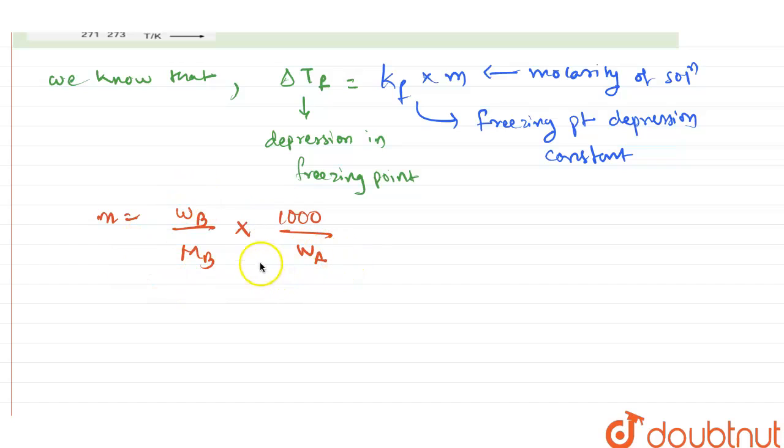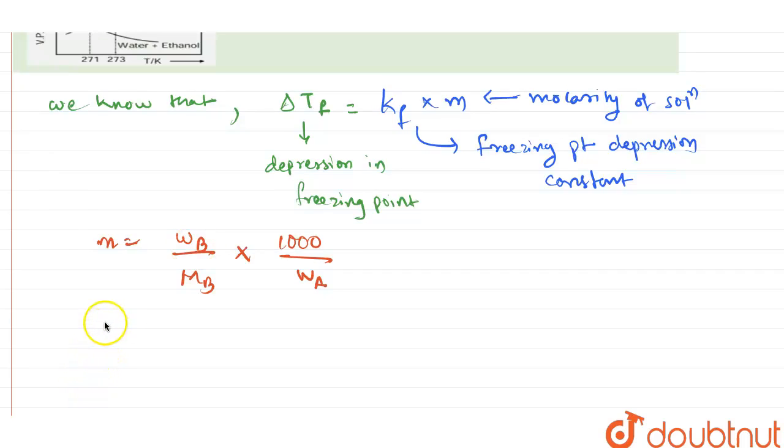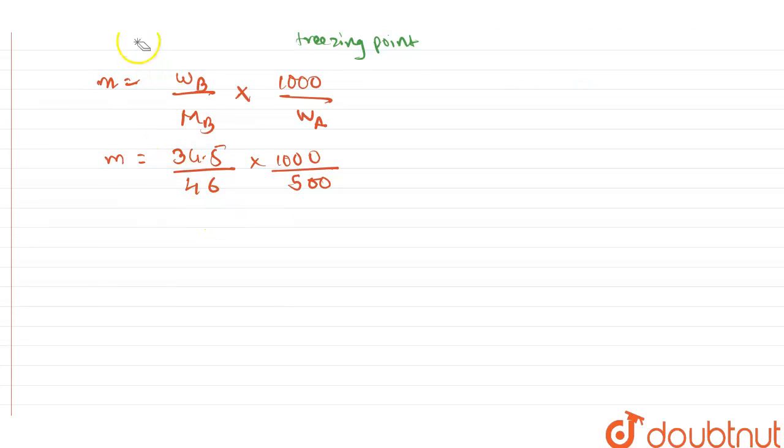So we have all the values over here. The solute which we are using over here is ethanol, and given weight of ethanol is 34.5 gram. Molecular weight is 46 gram into 1000, and the weight of solvent, that is water, is given out to be 500 gram. So when you put these values in this one, that is delta TF, we need to find the final temperature, right?